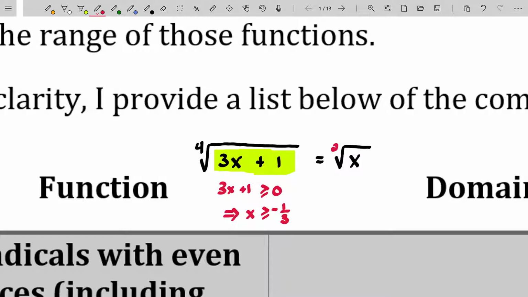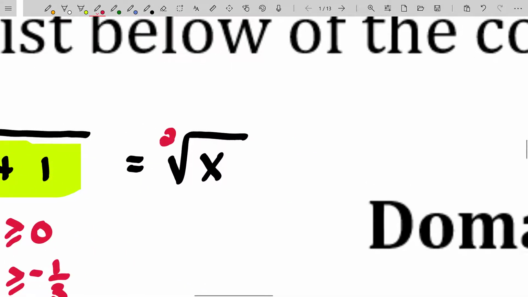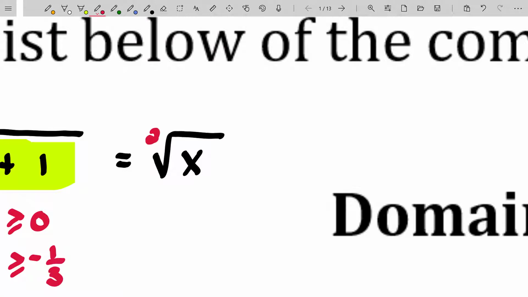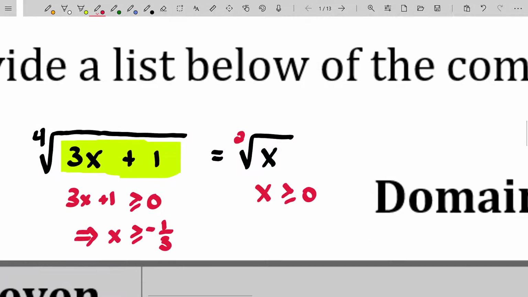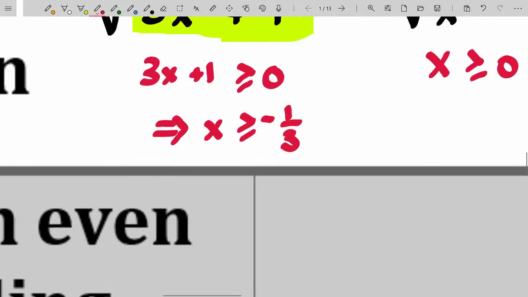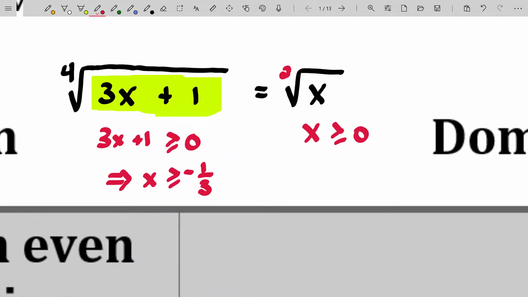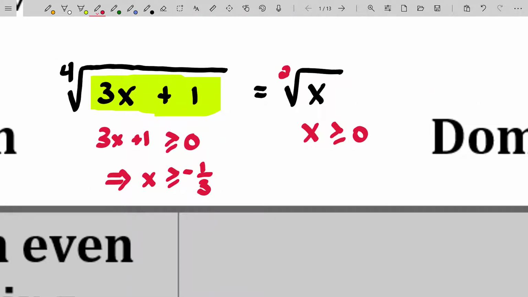and we could throw it out. Likewise, on the right-hand side of this, we have the second root of x. That means that x itself must be greater than or equal to 0, and that supersedes the x being greater than or equal to -1/3. What I mean by supersedes is that if x is greater than or equal to 0, it's already greater than or equal to -1/3.